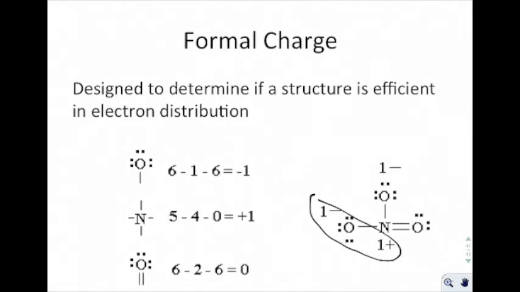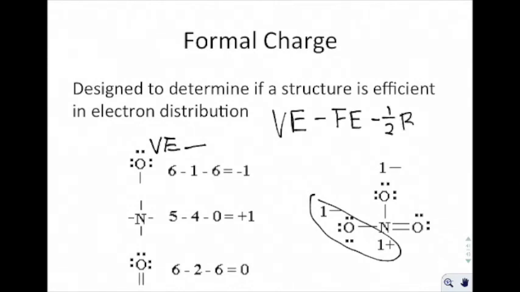The formal charge is calculated by the number of valence electrons it should have, and then you subtract the number of electrons that it actually has. So you take the number of valence electrons that it should have, subtract the number of free electrons, and then subtract half the bonds.